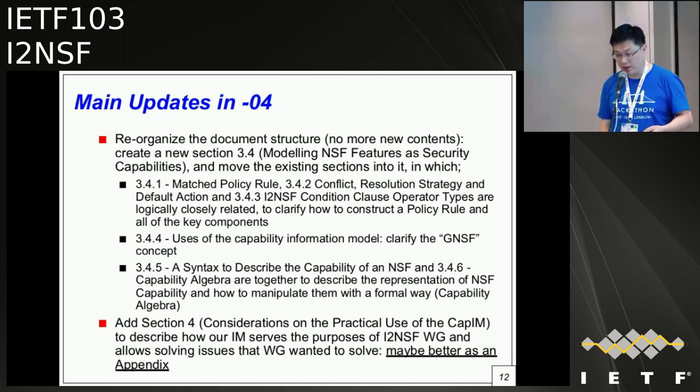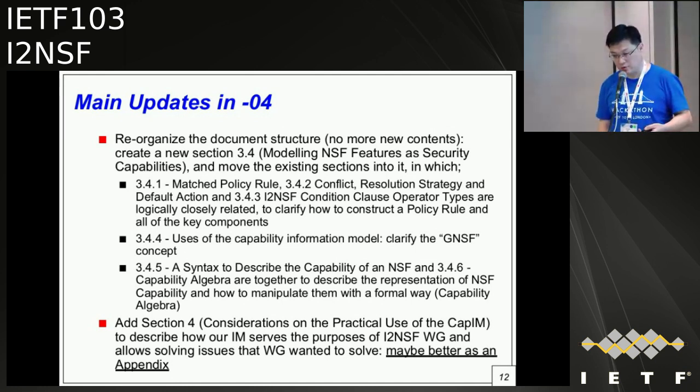Then we moved the other sections together because they represent the capability algebra and how to use it. I think the current structure is more logically clear than the last version.